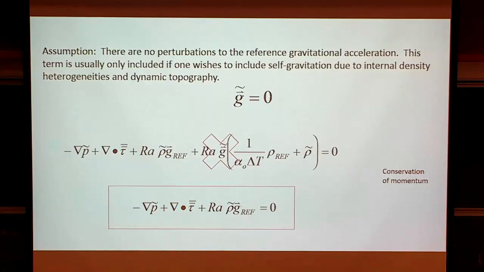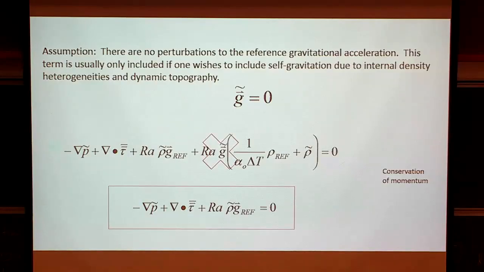Okay, another assumption. I don't really want to call this an approximation, but for most problems, we don't care about perturbations to the gravity. For Earth, we think, okay, we understand the gravitational potential, so we know the gravitational field that's fixed. Now let's model it. But if we wanted to get picky, we would realize that when you have convection, the convection is affecting the gravitational field.